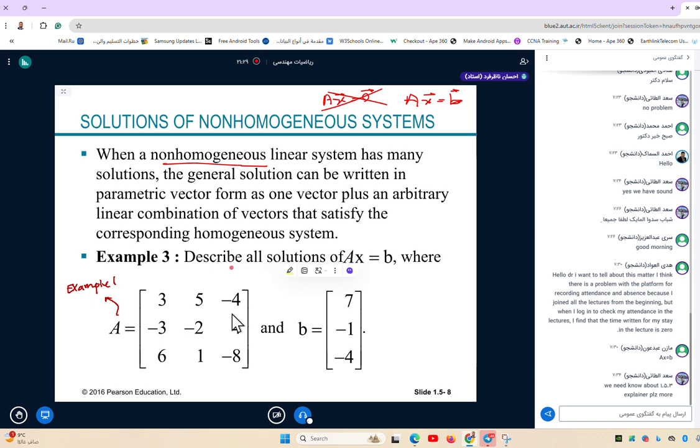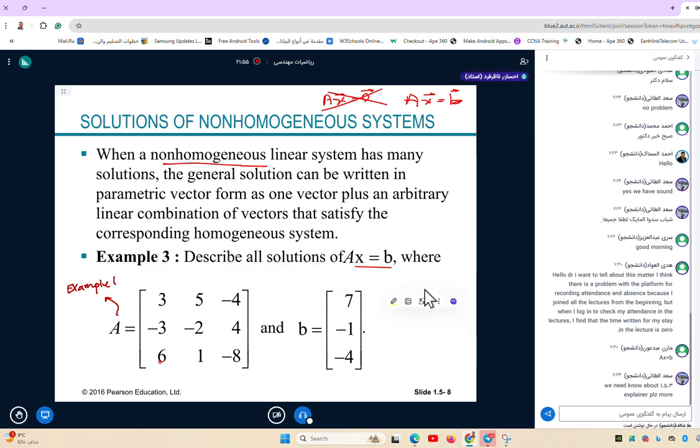So look at this example. Example number 3: describe all solutions of this equation, Ax equals b. This is called a non-homogeneous equation. And A is this matrix. This is exactly the same matrix that we had in example 1.